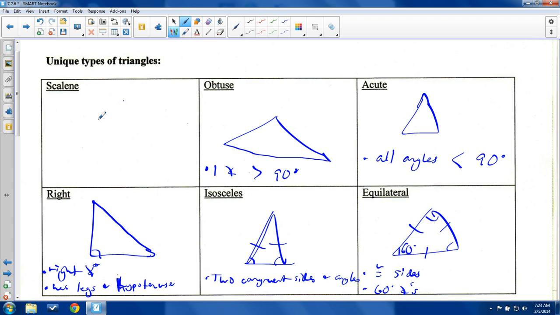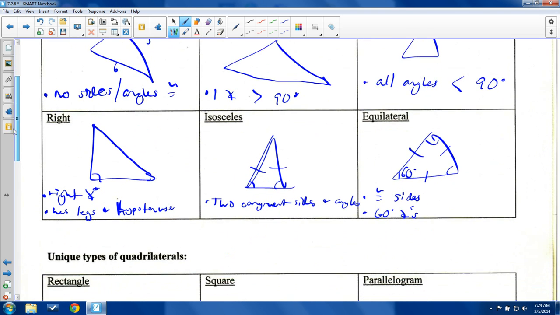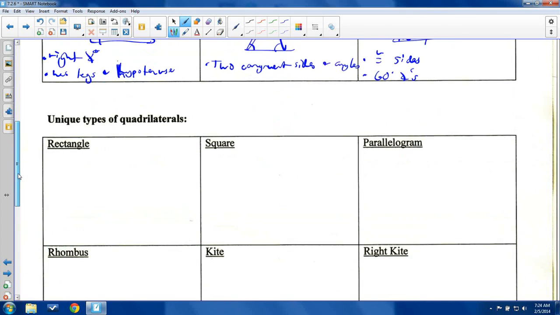And a scalene triangle is just a triangle where no sides or angles are congruent. So just a general one, it could be 4, 5, 6, and then 50, 60, 70, something like that. Okay, those are the different triangles you'll be faced with. I can't think of any other ones off the top of my head.